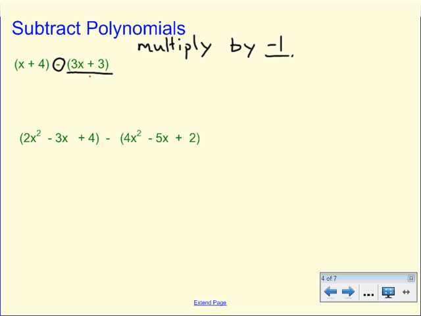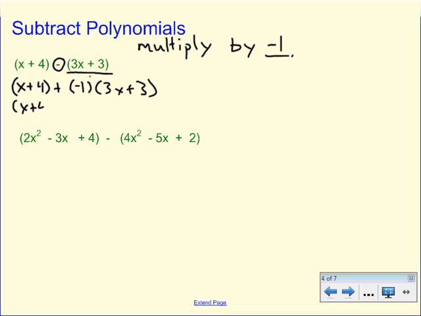Because essentially, this is x plus 4 plus negative 1 times 3x plus 3. That's all it really is. So I'm just going to multiply everything inside this bracket to the right here by negative 1.